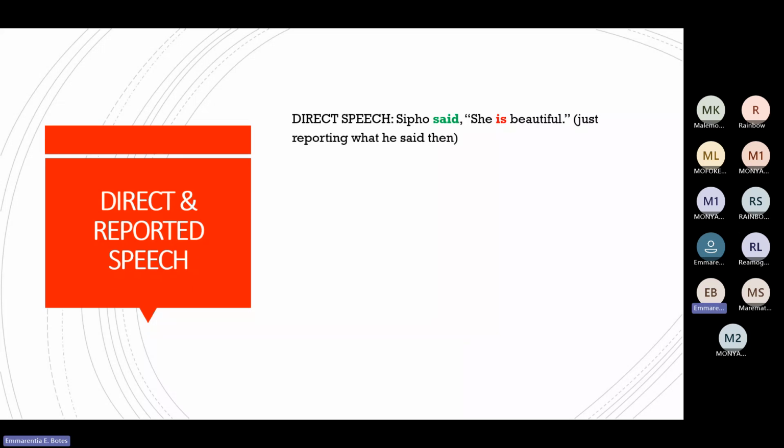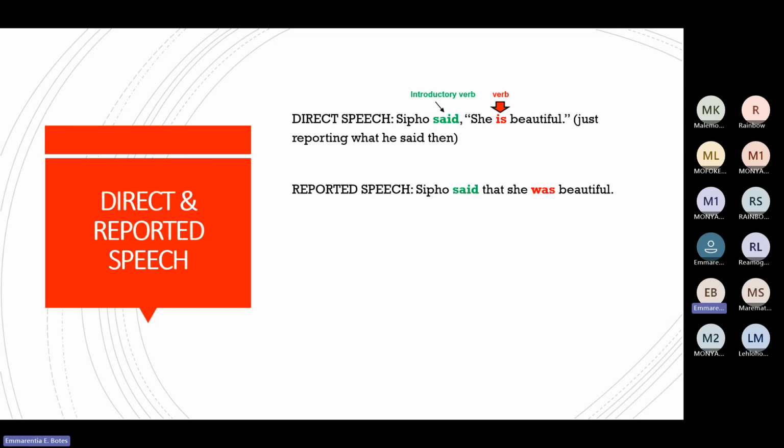Now we are going to look at our introductory verb said, Sipho said. So that is in the past tense. Now he's saying she is beautiful. Now you are just going to report what he said then. So it's not about that she's not beautiful anymore. It is about your reporting on Sipho's words. Let me show you. It will look like this. Sipho said that she was beautiful.